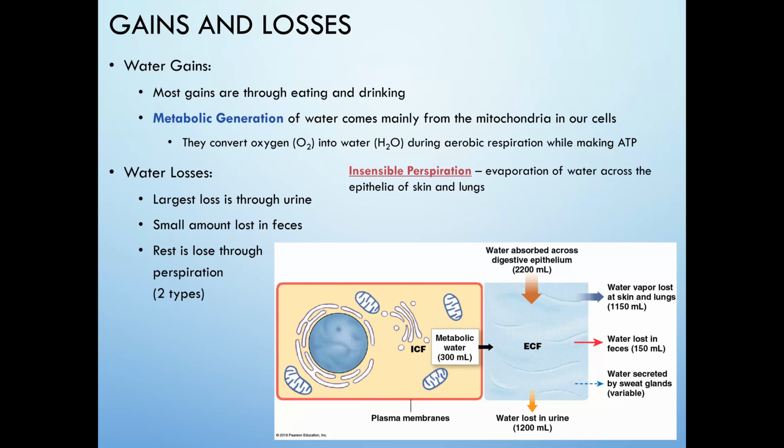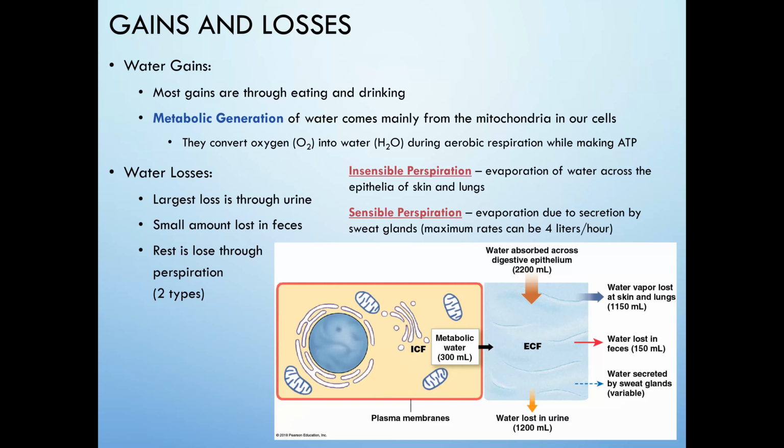This is the evaporation of water across the epithelia of our skin and our lungs. Think of this as water vapor lost by evaporation, and that can average about 1,150 milliliters per day. And then sensible perspiration is evaporation due to active secretion by sweat glands.